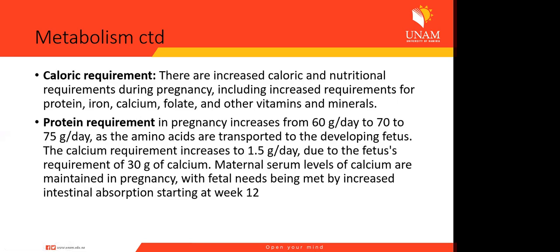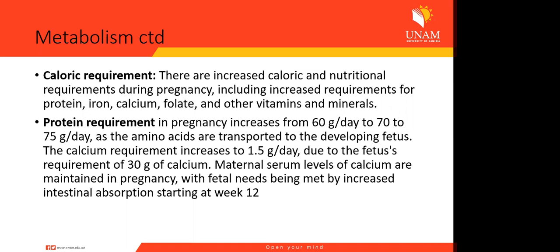All right, metabolism continues. There are increased caloric and nutritional requirements during pregnancy, and it makes sense because you need to feed the baby. You also need to feed the growing body of the parturient. All right, so there's increased requirement for protein, iron, calcium, folate, and all this.